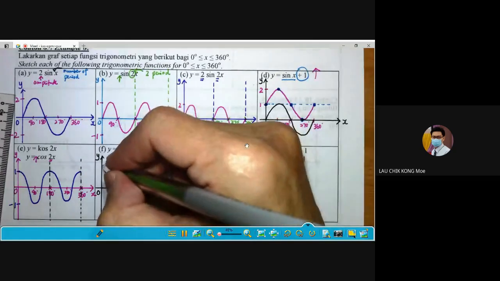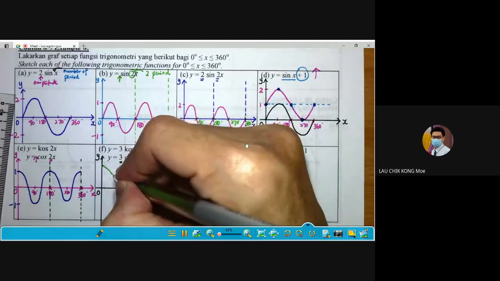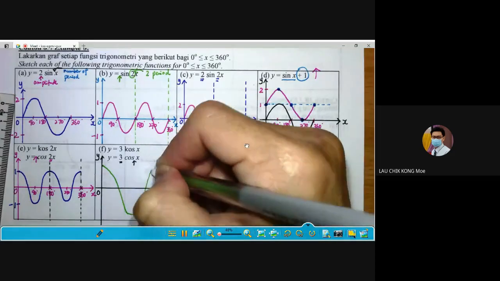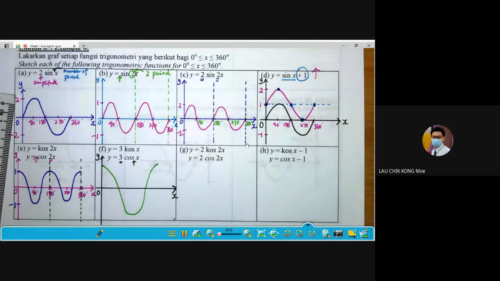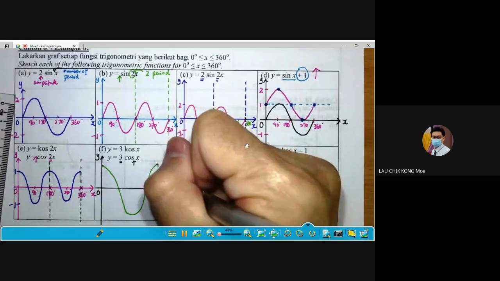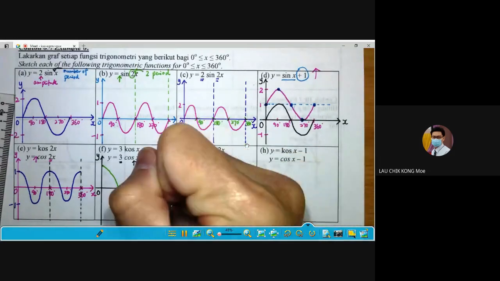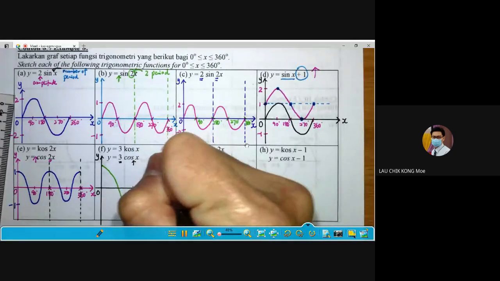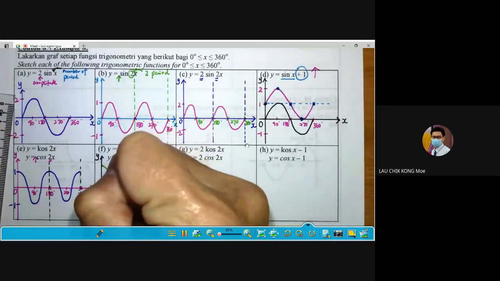So from 1 to -1, and this is 360, this is 180, 270, and this is 90.